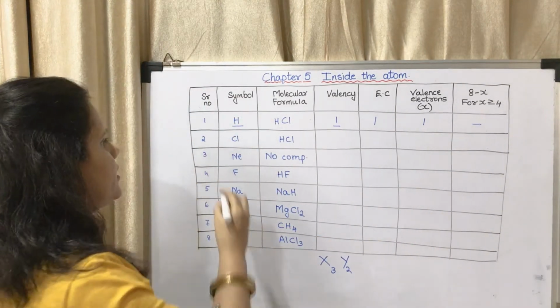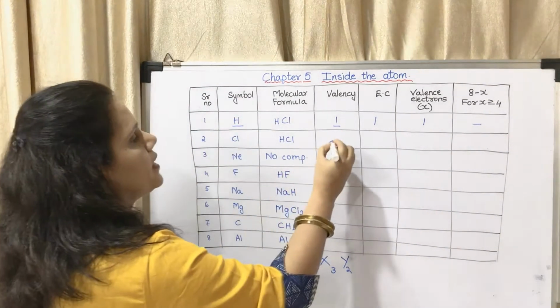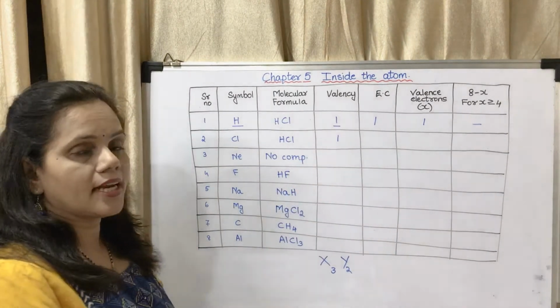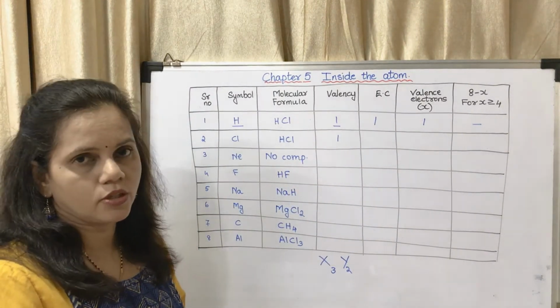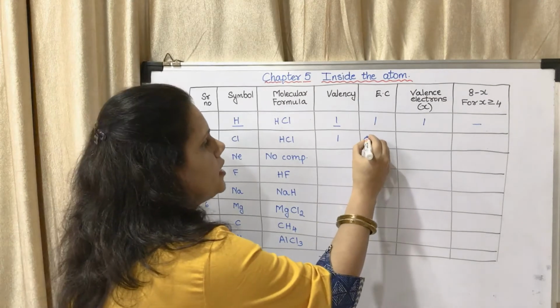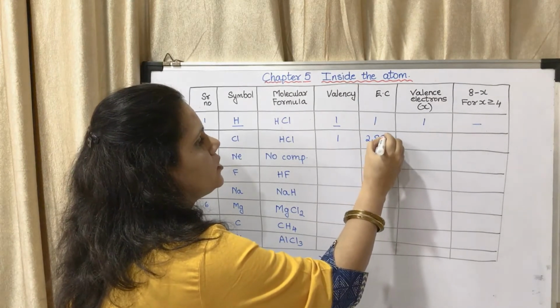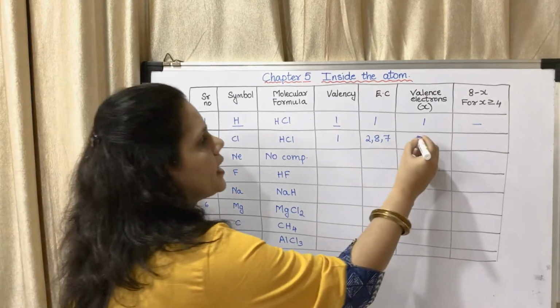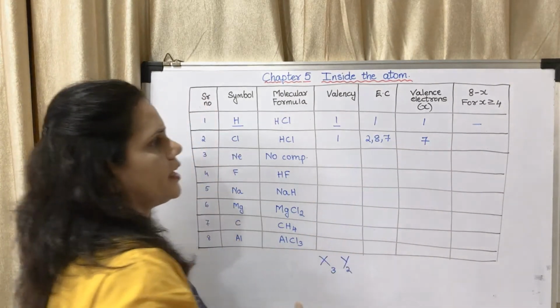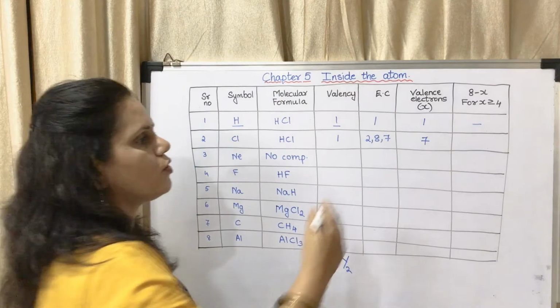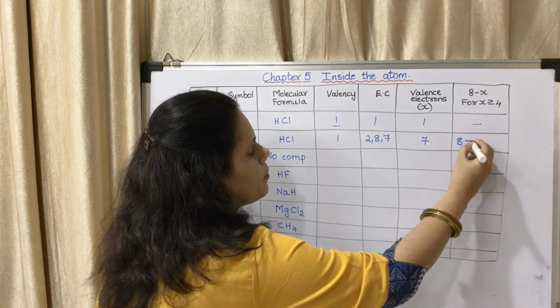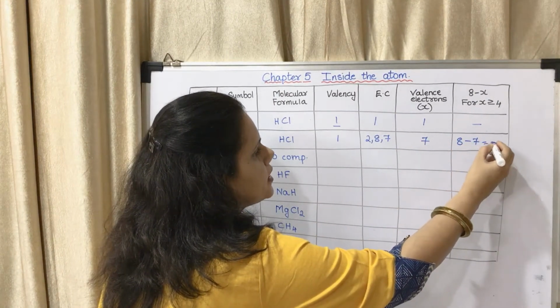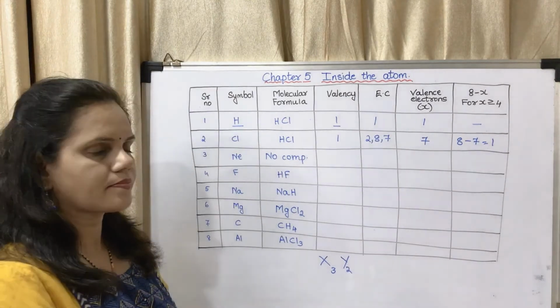Okay. Now in this case Cl, what is the valency? 1. What is the electronic configuration? You should be knowing the electronic configuration. It is 2, 8, 7. Valence electrons 7. Now this number is greater than 4. So it will be 8 minus 7, that is equal to 1.